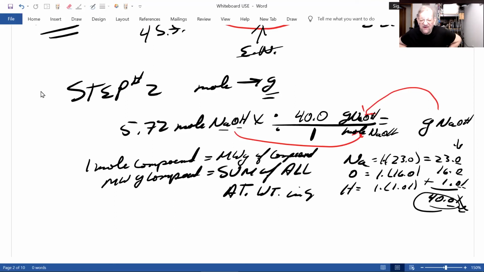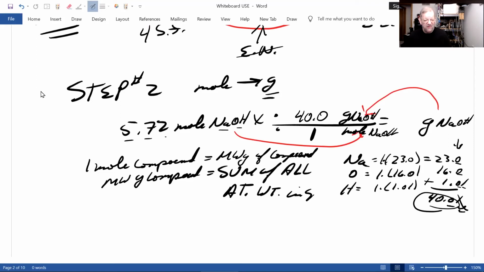Now, I'm going to fade prompts, that's a teaching thing. How many significant figures should your answer be? I'll tell you in a second, but you try right now for this step 2. Time's up.